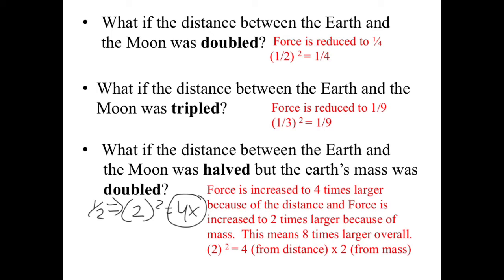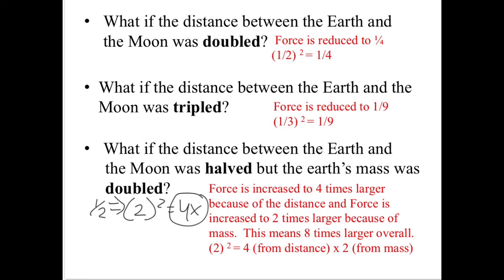the Earth's mass by 2? So we double the Earth's mass. Well, if you double the Earth's mass, you are going to have 2 times greater the amount of mass, but that means that your force of gravity is going to be 2 times greater.